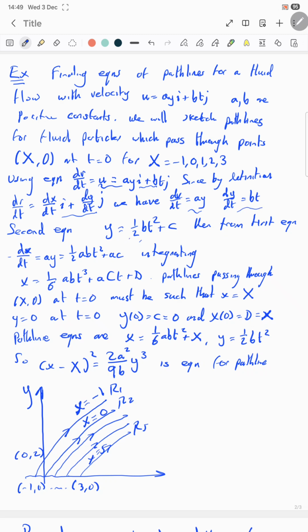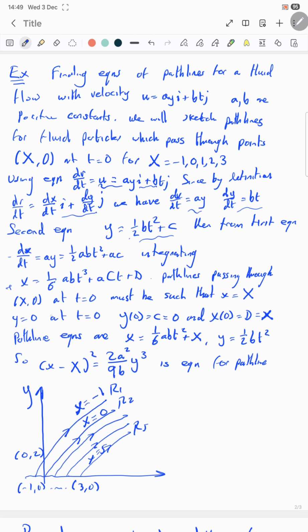Now, second equation, y equals 1/2 bt squared plus c, where c is an arbitrary integration constant. Then from the first equation we obtain dx/dt equals ay equals 1/2 abt squared plus ac. Now, integrating, we get x equals 1/6 abt cubed plus act plus d, where these are constants.